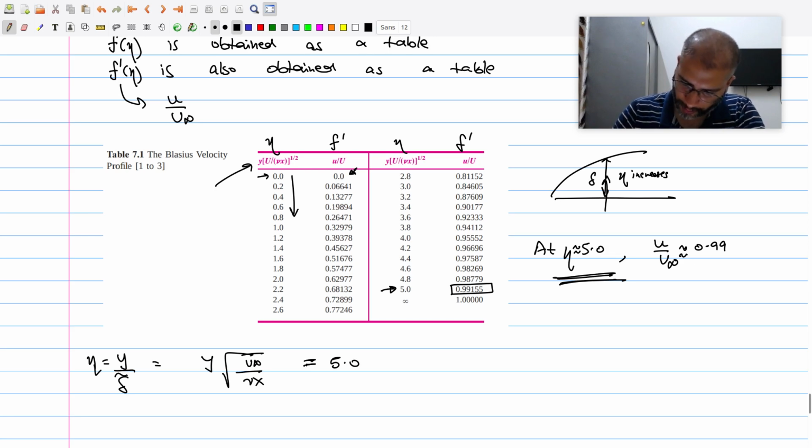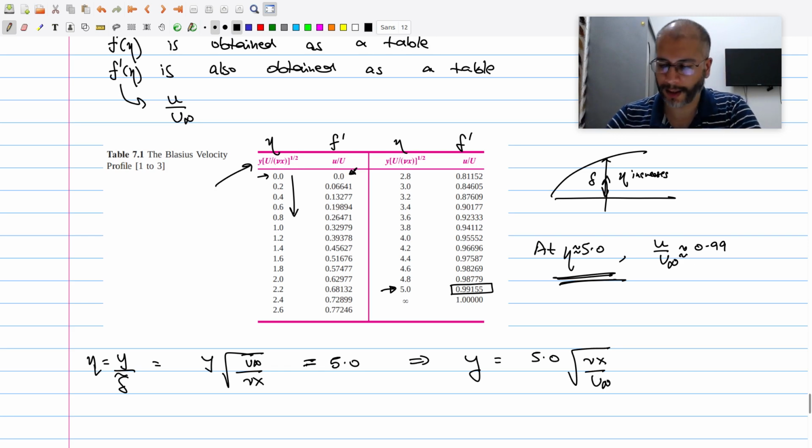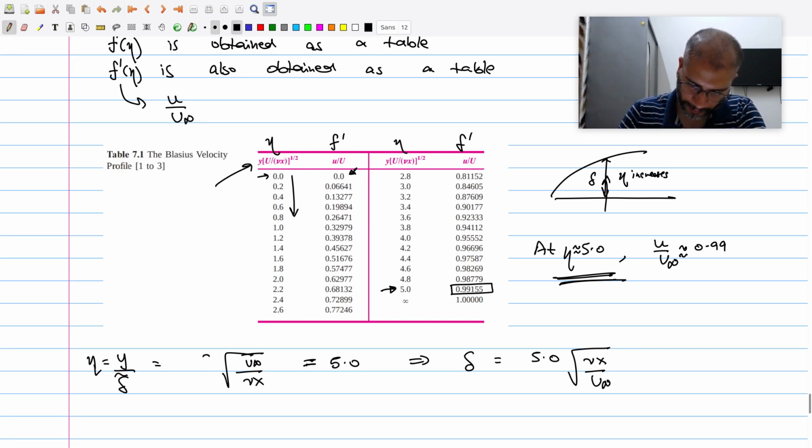So this implies that y equal to 5.0 times square root nu x upon u infinity is that y value at which we have the boundary layer thickness. Okay, so this basically is nothing but our delta. So delta is that particular y at which eta becomes equal to 5.0.